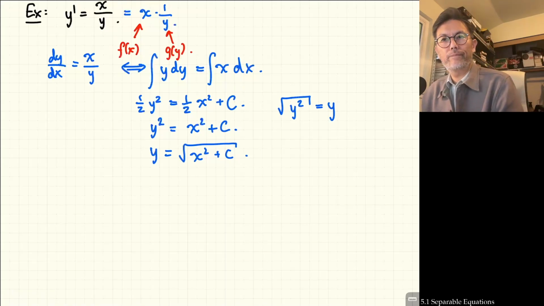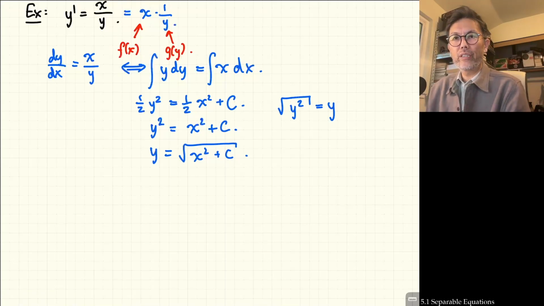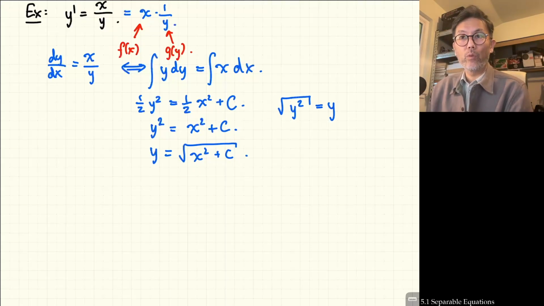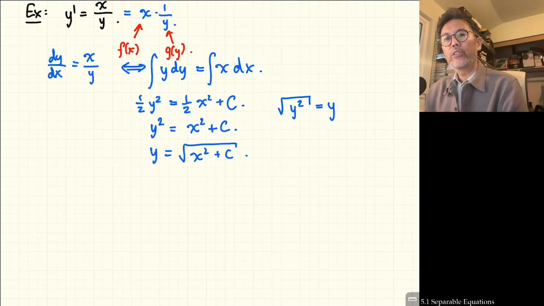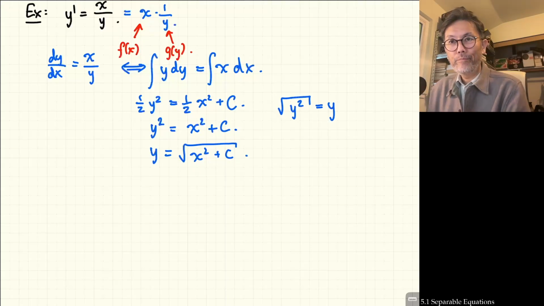This is false, right? The problem with this equation here is that if y is negative, then the square root of y squared is not y, it's negative y. Let me say that again, just because I know this is a point of confusion for a lot of people. The square root of y squared is not y. The square root of y squared is in fact the absolute value of y. So this is false as written.